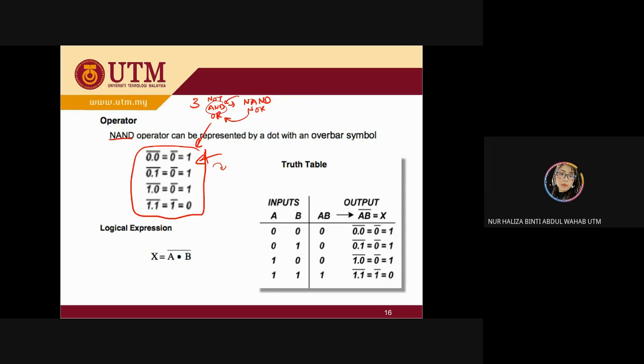Okay, this is the truth table. This is the operator, which is going to have a bar. And this is the logic expression. As mentioned again, it is not equal to A bar, B bar. It is equivalent to (AB) bar.